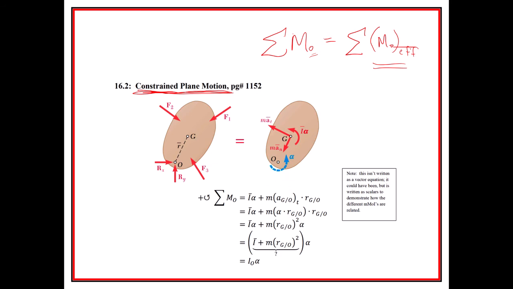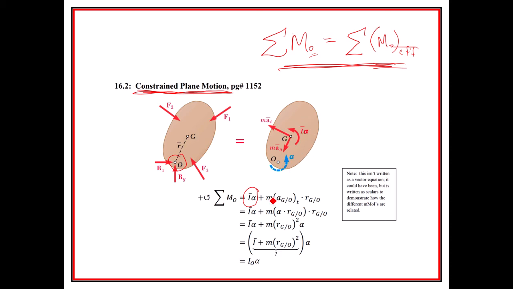So we take the FBD and the IBD, and we take the sum of the moments as I've written up above. On the left-hand side, that's as you'd expect, taken about reference point O. On the right-hand side, we take the mass moment of inertia about the center of mass times alpha, the angular acceleration, which is an inertial rotational moment.